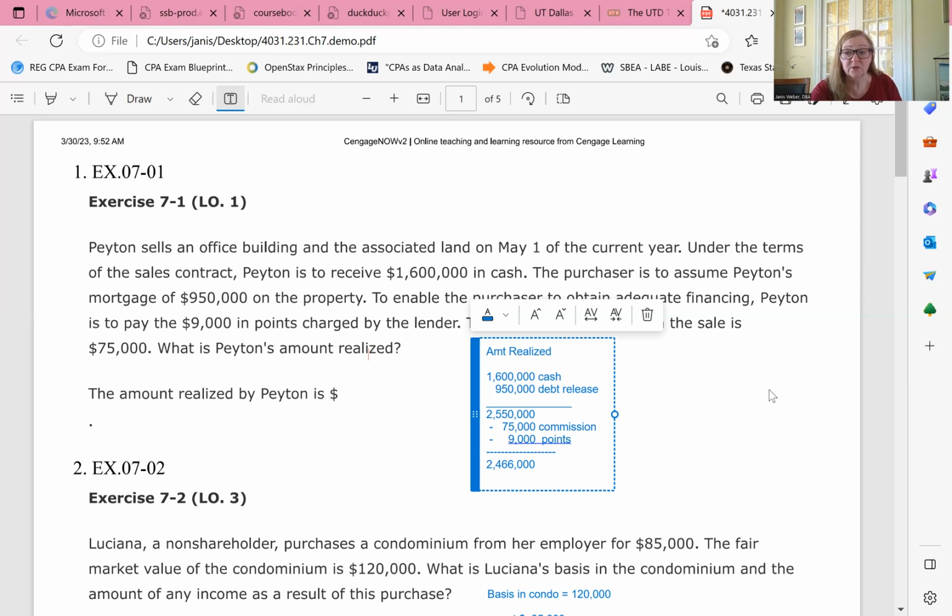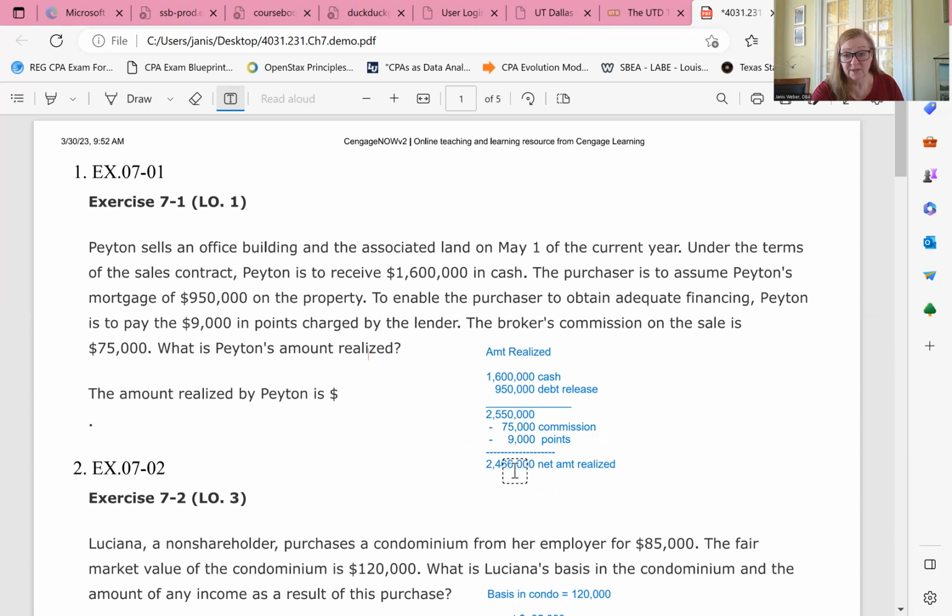Those reduce his proceeds from $2,550,000 to $2,466,000. So the net amount he realized is $2,466,000, and that's what they wanted. Just one number. The amount realized by Peyton is $2,466,000.